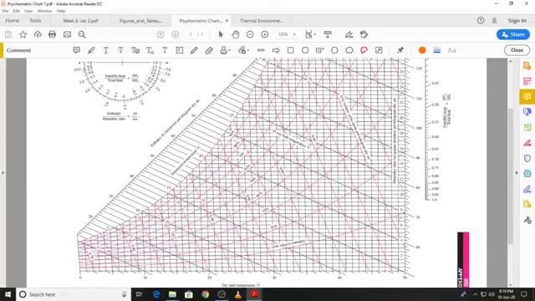This is 7, this is 7.5, so 7.34 will be somewhere over here. So you will draw a horizontal line, and where it intersects the 30° C dry bulb temperature line, that is the state point.